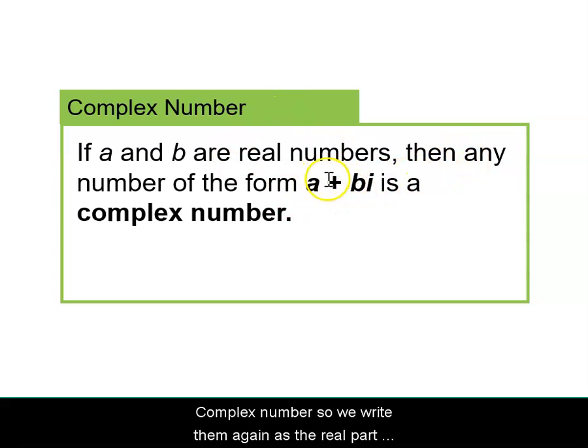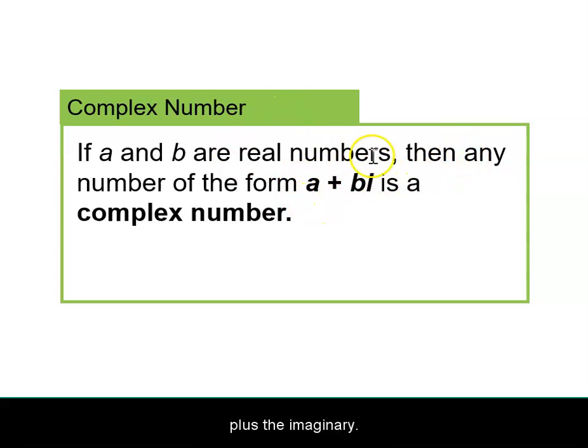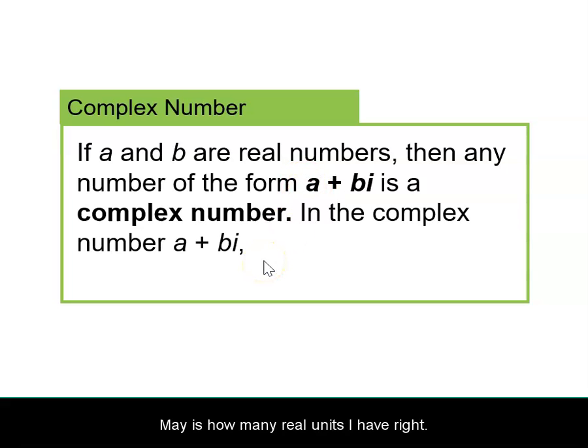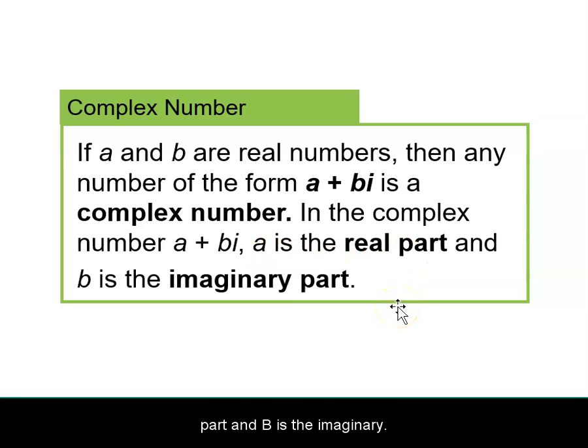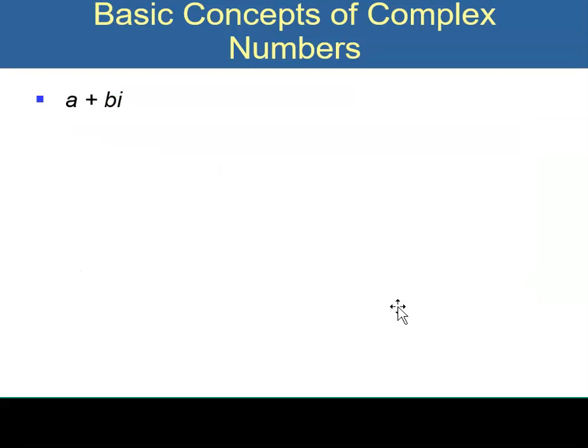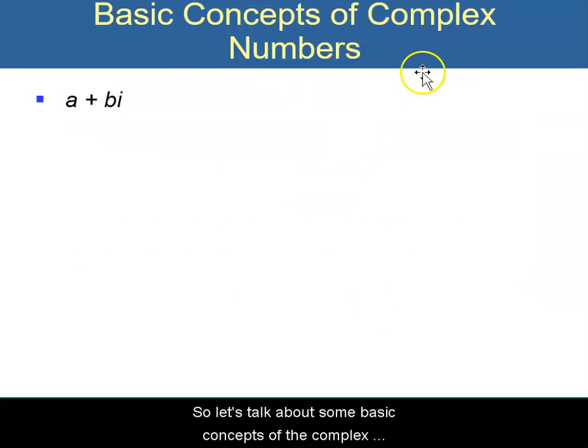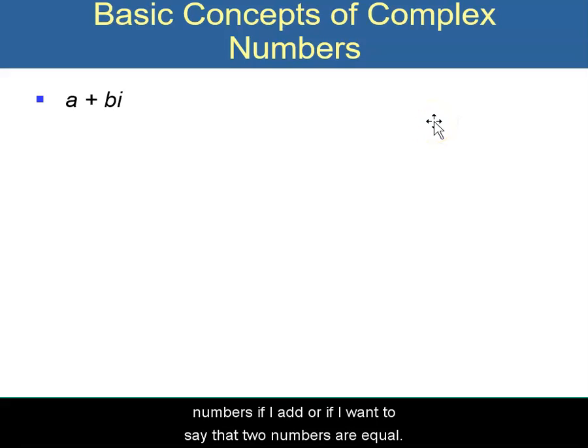So we write them again as the real part plus the imaginary part, right? So the b is how many imaginary units I have, and the a is how many real units I have, right? In the complex number a plus bi, again, just reiterating what I said, a is the real part and b is the imaginary part, okay? So let's talk about some basic concepts of the complex numbers.